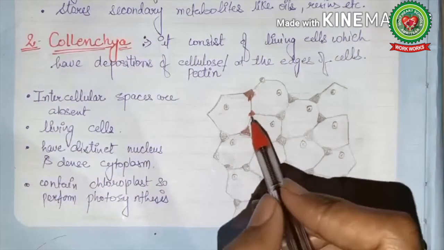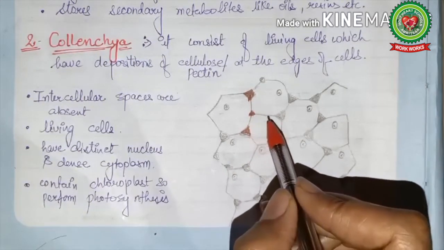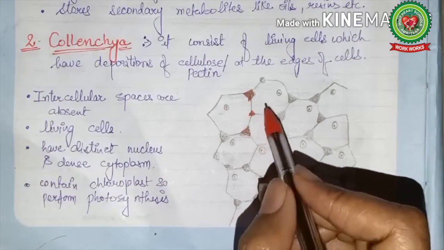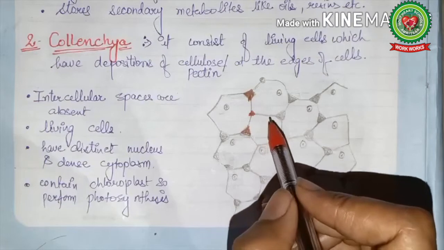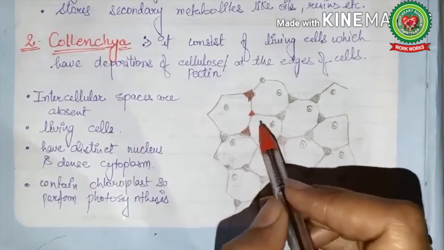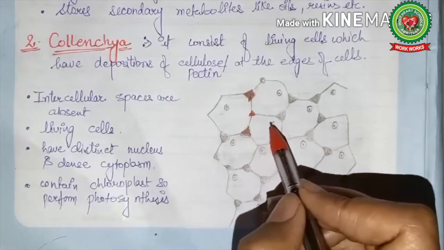But as there are small regions where there is no deposition of pectin, they can exchange material in between them. So that is the reason these cells are living cells. They do have a distinct nucleus.